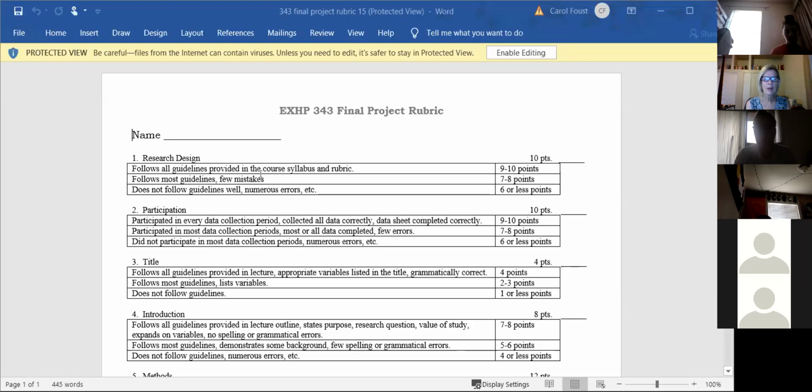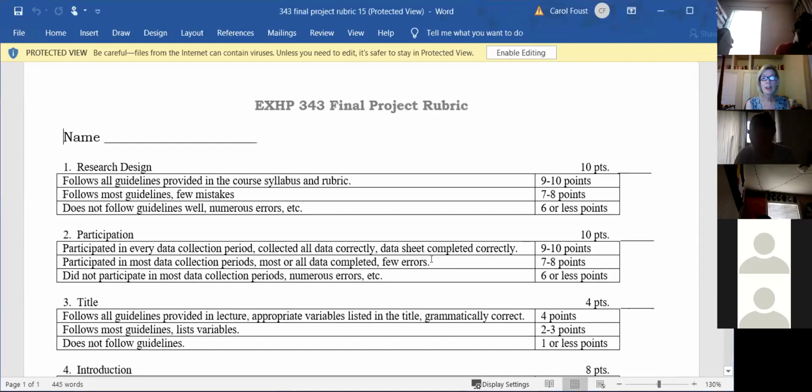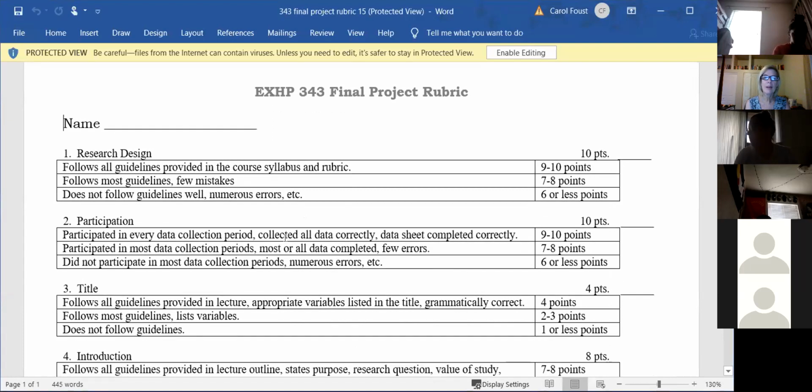Here's the rubric for the report. You want to look at this, because you're going to be developing your report directly based on this rubric. This is what I use to grade the paper.